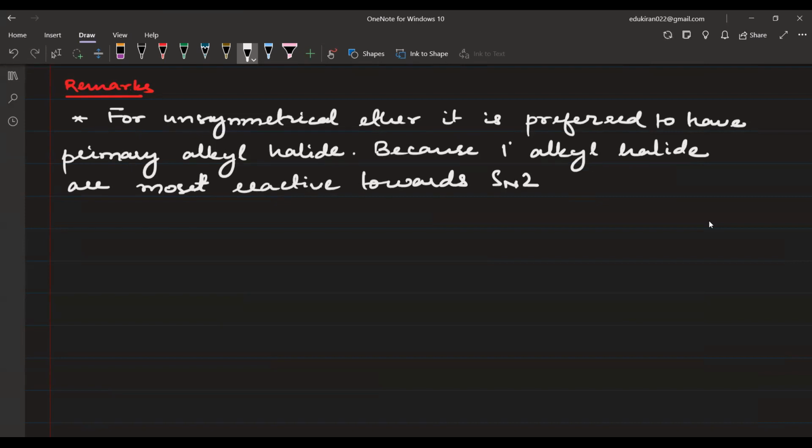And Williamson ether synthesis occurs via SN2 mechanism.